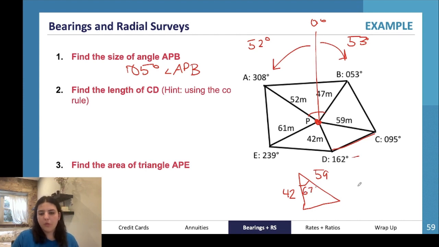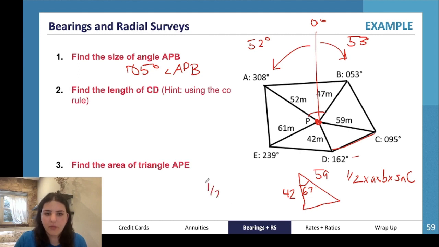So what we're going to want to do is find, well, the area of the triangle is half times A times B times sine C. We're not looking for the area, I'm reading ahead. We're looking for the length of CD. So we can just use the cosine rule.